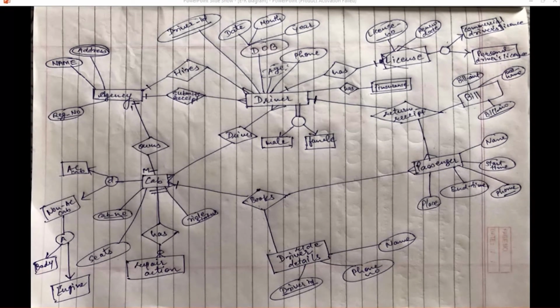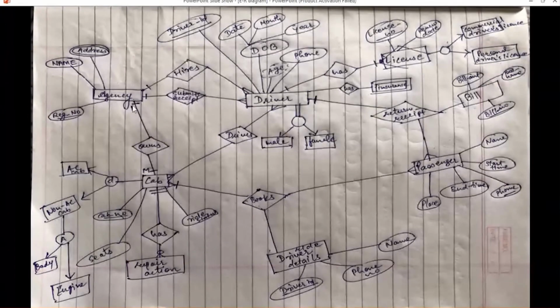As you can see, there are many entities: agency, cab, driver, bill, passenger, etc. Starting with agency, it has many attributes, among which register number is the primary key, and address is a multi-valued attribute, because one cab agency can have multiple addresses of multiple places.